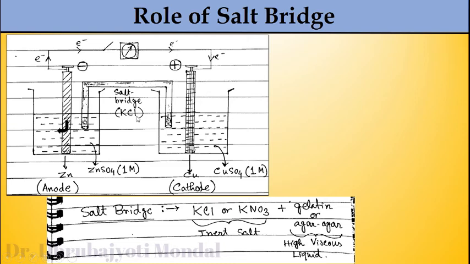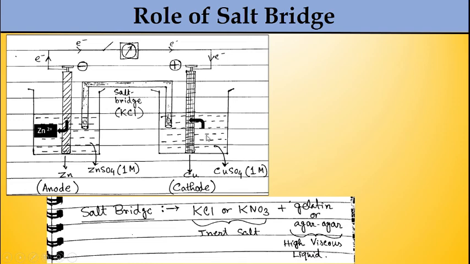Now we have to know the role of the salt bridge. As you can see, the Zn atom comes out from the metal electrode as Zn2 plus. So the concentration of Zn2 plus increases and becomes higher than the sulfate ion, so the solution in the left vessel will become positively charged.